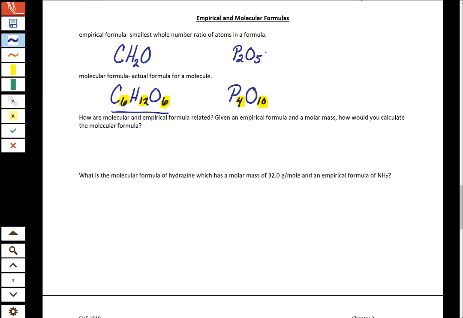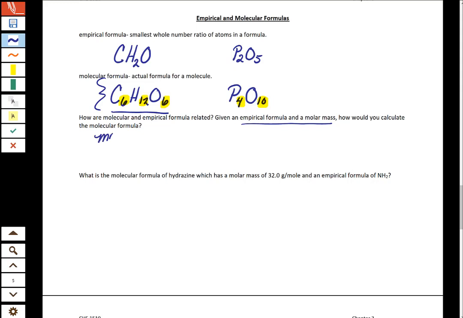So let's look at how the empirical formula and the molecular formula are related. What I mean by that is, if I gave you an empirical formula and a molar mass, how would you calculate the molecular formula? If we look at this example, we're searching for the C6H12O6. We don't know what that is; that's the answer to the question.